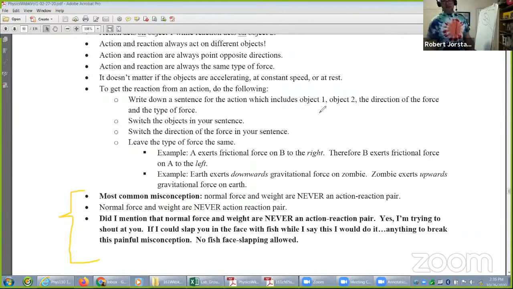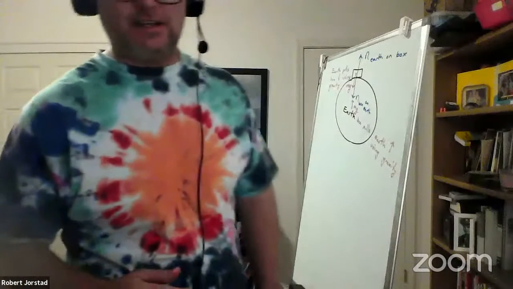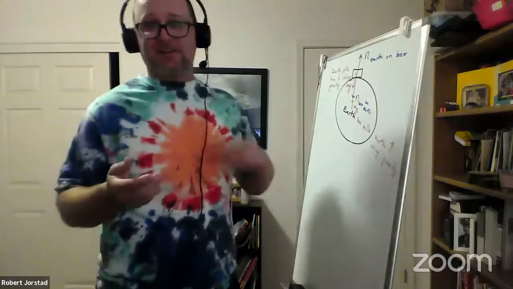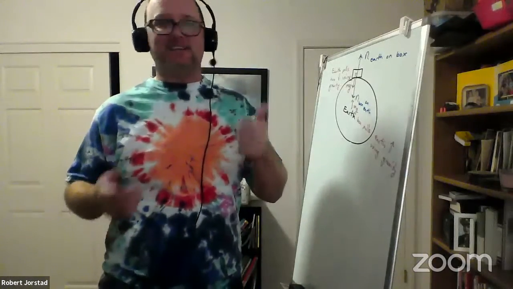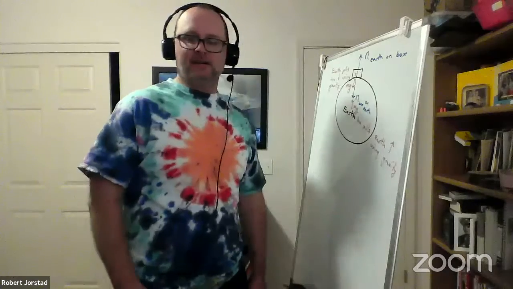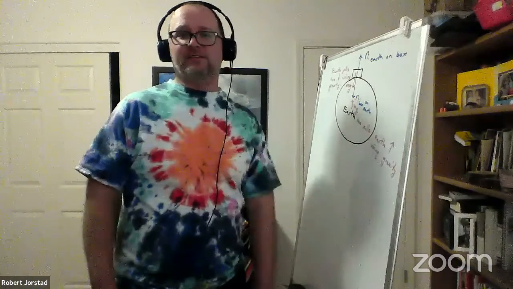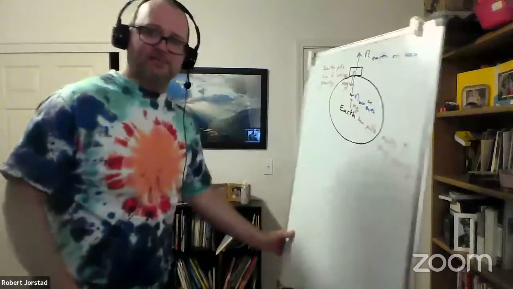Even though, I wish I could slap you in the face with a fish if you say that. But I will not do that because fish face slapping is not allowed. All right. So watch out for normal force and mg. The reason it's a misconception is because they are equal, they are opposite, they just aren't an action-reaction pair. So it's very, very difficult. I could prove this to you in many ways. Look at this.